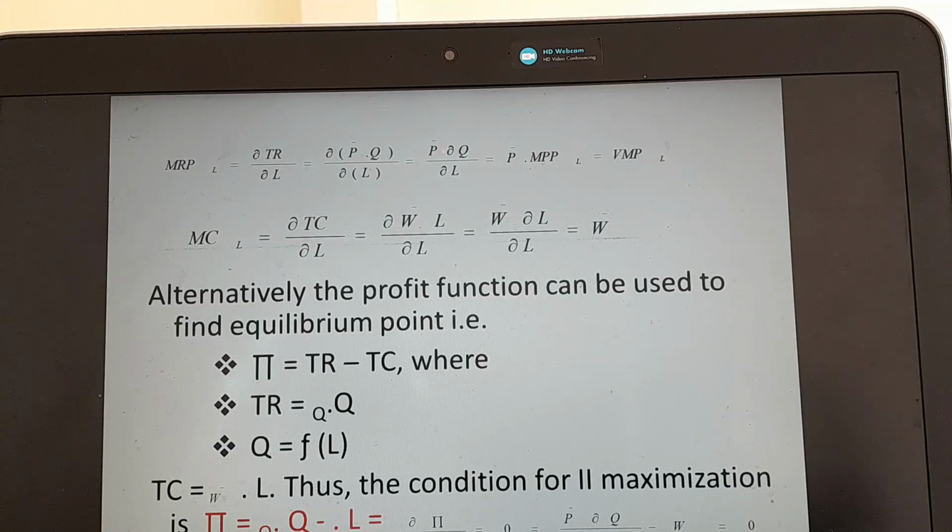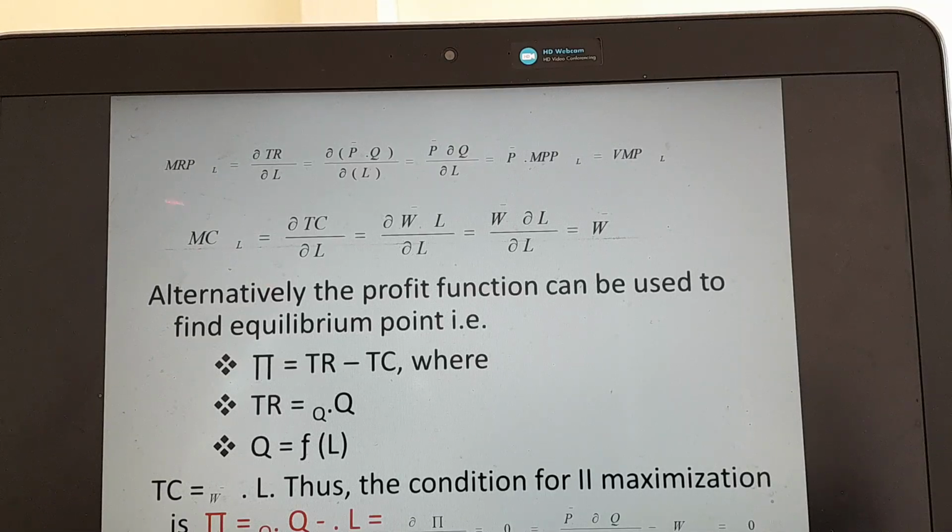Since it is constant, the varying variable is only Q. The change in Q over the change in L. Price times change in Q with respect to change in L means marginal physical product of labor times price, which is equal to value of marginal product.